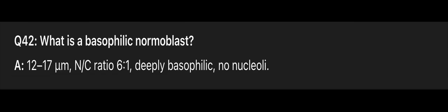How big is a basophilic normoblast? So this is the next one after pronormoblast. It's 12 to 17 micrometers. So notice it's starting to get smaller. The nucleus to cytoplasm ratio starts to get smaller. No nucleoli.